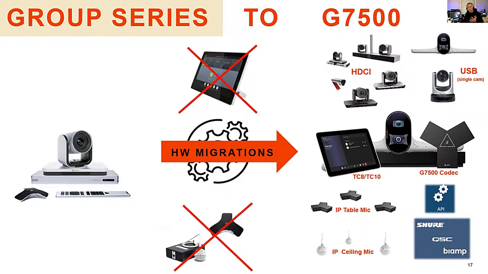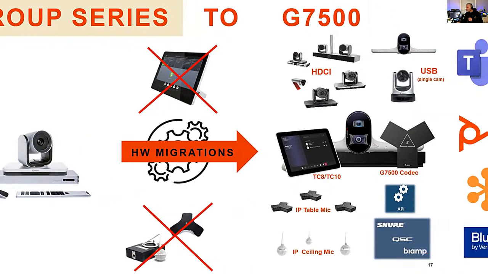This is something you probably want to investigate with your AV integrator and build up a test room. But it's really nice to see that the G7500 is now available with Zoom, with Teams, with all the providers that we have out there, and you're able to use it with all of them.